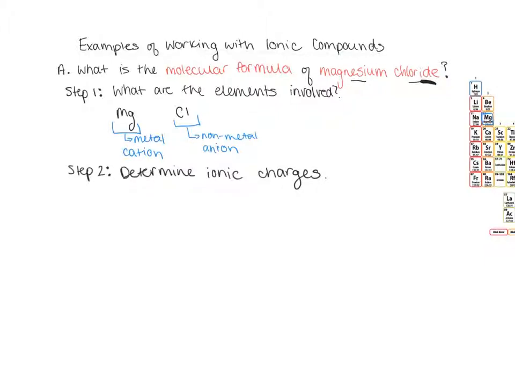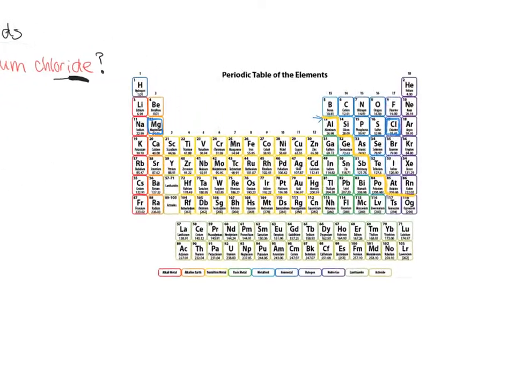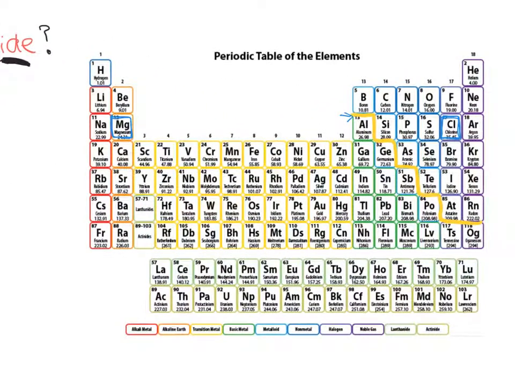If we go back to our table here, magnesium is in group number 2, which means it has 2 valence electrons. So we know that it's going to give away 2 electrons because that's easier than accepting 6. And when you give away 2 negatives, you end up with a positive. So magnesium is going to be positive 2.